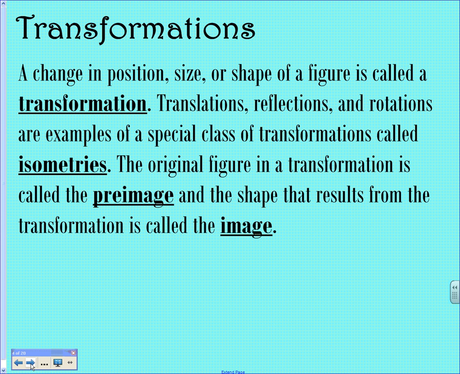The original figure in a transformation is called your pre-image. So the image that you start with is your pre-image. And the shape that results is called the image. So you have your pre-image and your image.